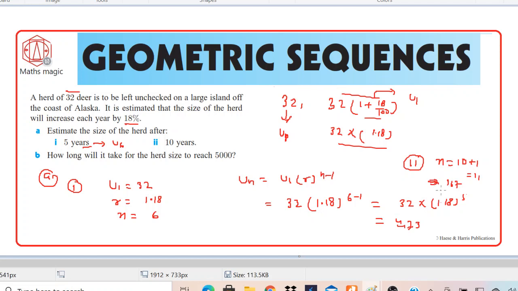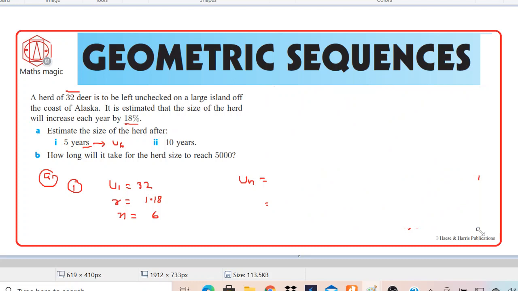Now in part B, we just need to follow a similar trend which we have done already in the previous video. I have explained that in great detail. You can go back to follow that, it will be really helpful for you. Now in part B, we have to find how many years it will take to reach this population. So we know that Un over here is 5,000.